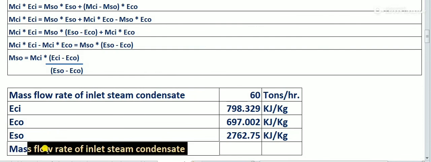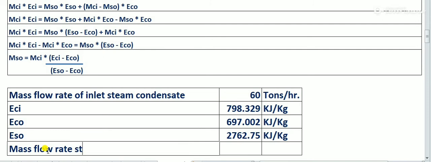So the mass flow rate of steam at outlet is what we are going to calculate. What is the formula we have?